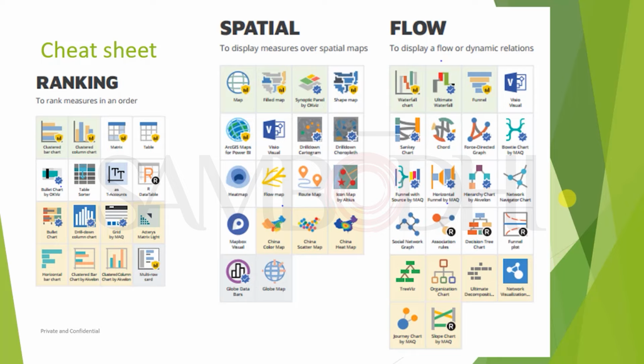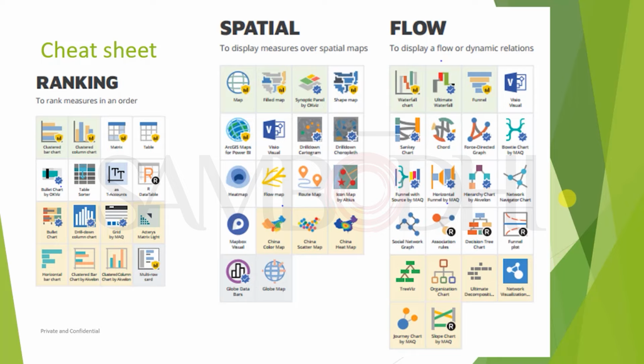Then there is a bow tie chart when you have certain sets going into another bucket that can be represented. A funnel from AppSource with MAQ, horizontal funnel by MAQ, hierarchy chart by Elevation, social network graph showing who knows whom. So it's like a link as well as a stage based flow which you want to represent.